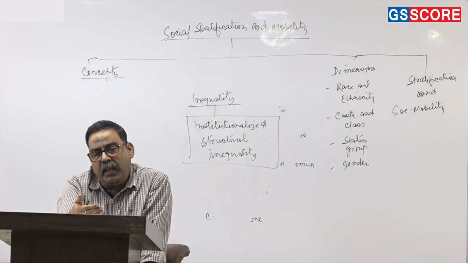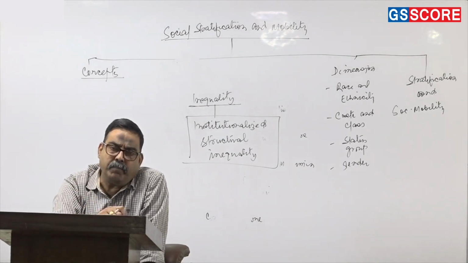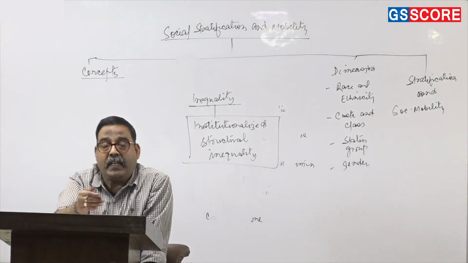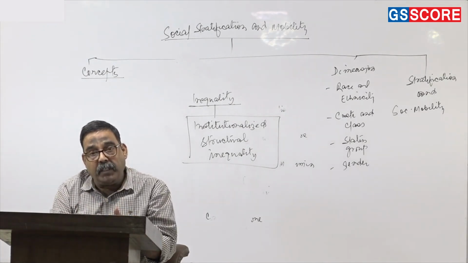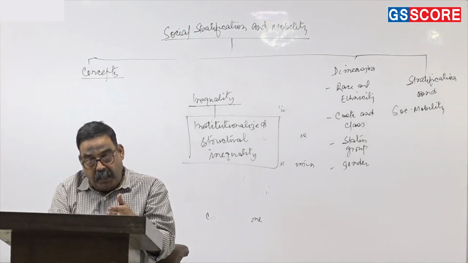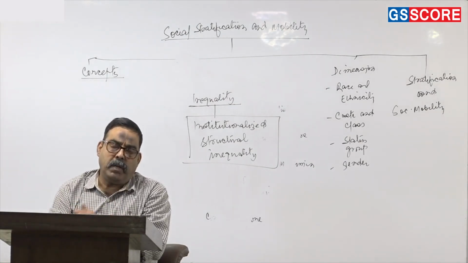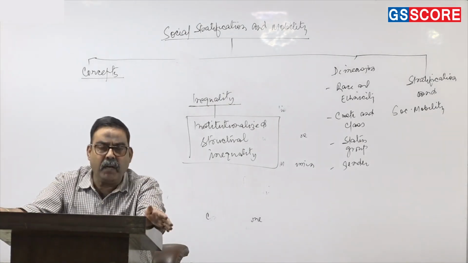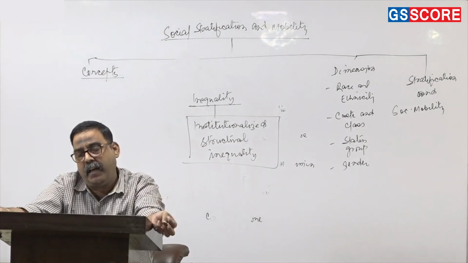Do I need to say anything now for Davis and Moore? Do I need to say anything in terms of Talcott Parsons? So many questions have been asked about Davis and Moore. Sometimes they have asked you about Melvin Tumin as a critic. Now when you say that if social stratification is an institutionalized structural inequality, then this inequality must be functional for the society, the proposition is understood and the conceptual understanding is here.